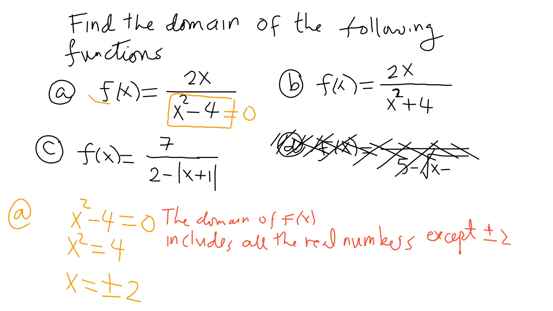Of course, I want to write this in math notation. All real numbers means this R, except plus or minus, so I have to exclude plus or minus 2, in set brackets. So this is the domain of A.